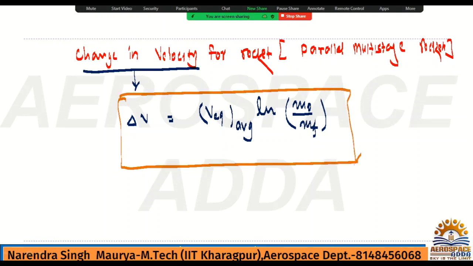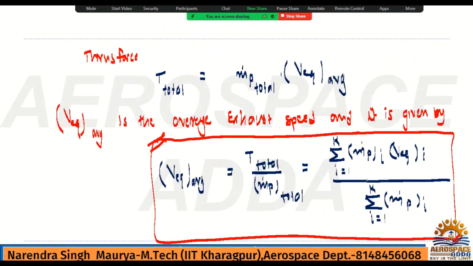Because delta V is your ultimate goal. So delta V for parallel multi-staging is V effective average ln m naught by mf, because you are calculating delta V, so this is the standard formula. Instead of effective exhaust velocity you need to write average effective exhaust velocity. And how to get the average effective exhaust velocity?